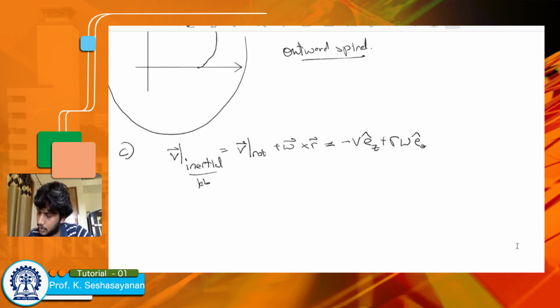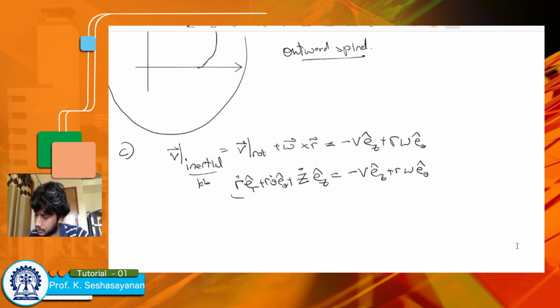So again, now instead of using just polar coordinates, we'll have to go to cylindrical coordinates here, R, theta and Z. So the expression in cylindrical coordinates is R dot ER hat plus R theta dot E theta hat plus Z dot EZ hat, which should be equal to minus V EZ hat plus R omega E theta hat. So this is the velocity in cylindrical coordinates.